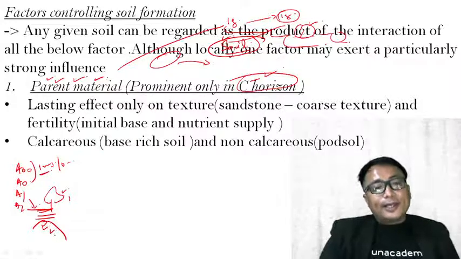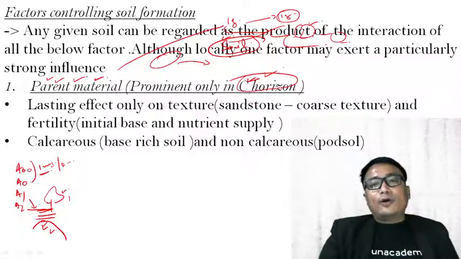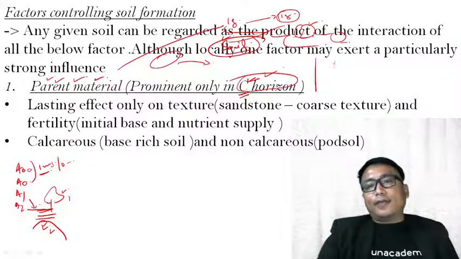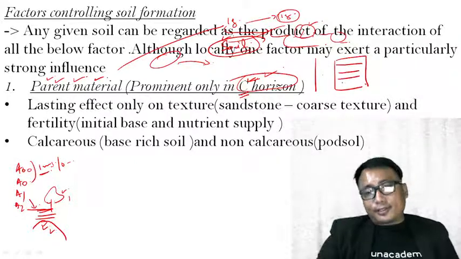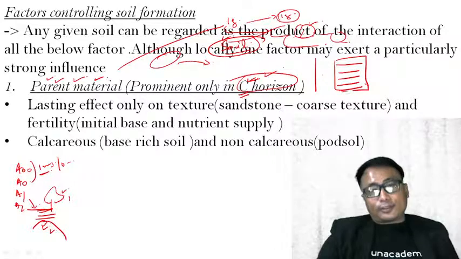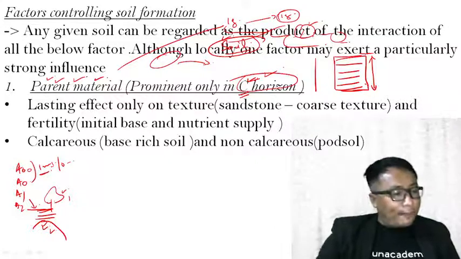Therefore, we say that the influence of the parent rock in soil formation is more prominent in the C horizon. What is this C horizon? We have already seen yesterday. If you take a column of soil, it has different layers depending on the location. In certain locations of the earth, the soil horizon will be very thick and all the layers are well represented.